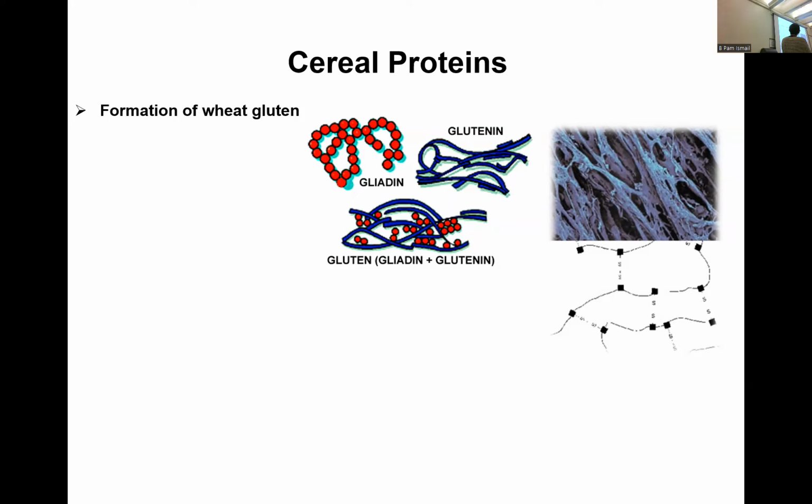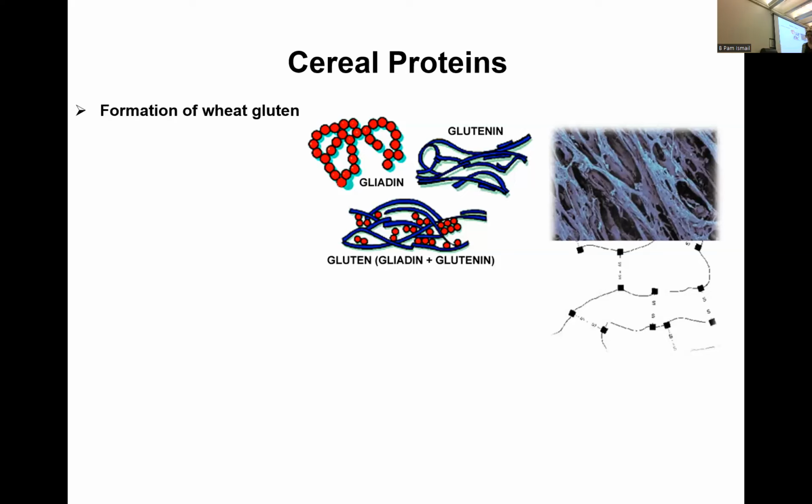So when you're forming the gluten, we have the glutenins that are already associated with each other, the high molecular weight and low molecular weight, bound via disulfide linkages, and then you have the monomer gliadins. When we mix the dough with water and start kneading, we are denaturing and allowing the gliadins to interact with the glutenins via different interactions.